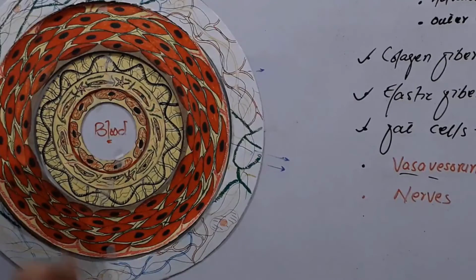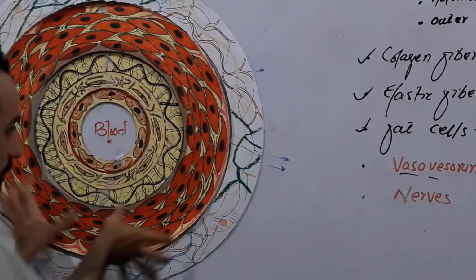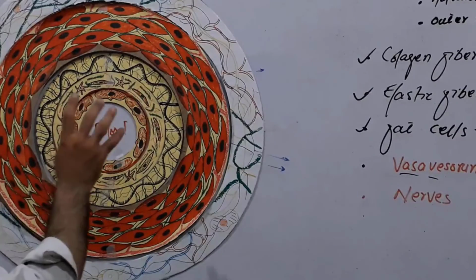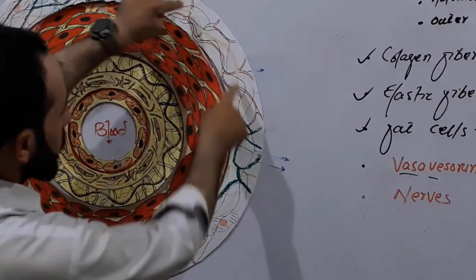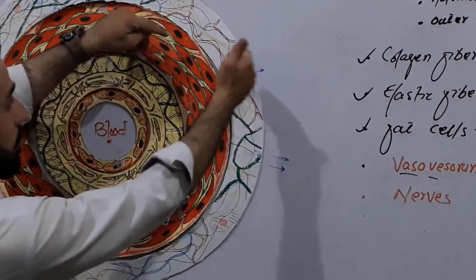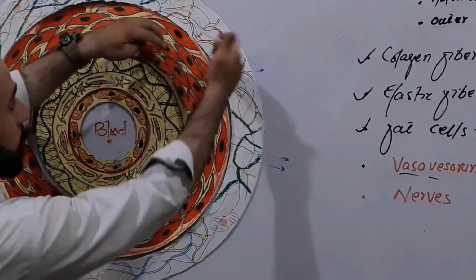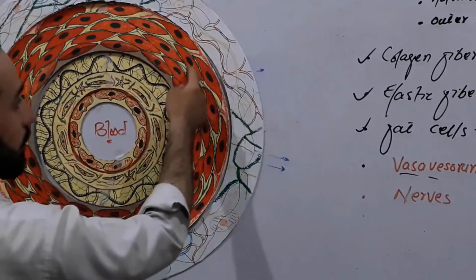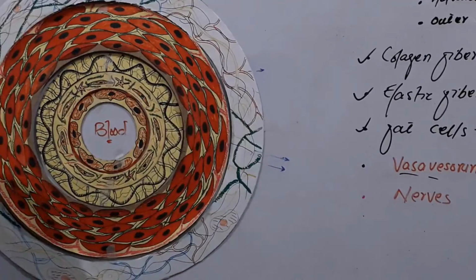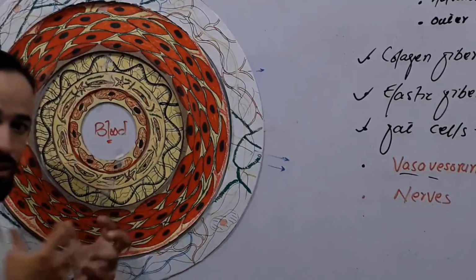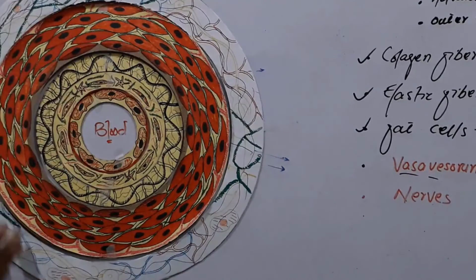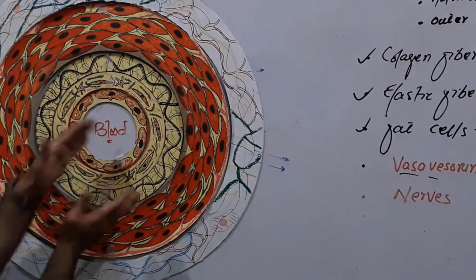They are to provide the food substances to the walls of these blood vessels, right? So we see here, look, neurons are present there, right? So that they could make the connection between nervous system and these walls, right? So these neurons are present here to provide action potential for vasoconstriction and vasodilation. Okay, so then there are some elastic fibers and collagen fibers also present here. I have mentioned, look carefully.